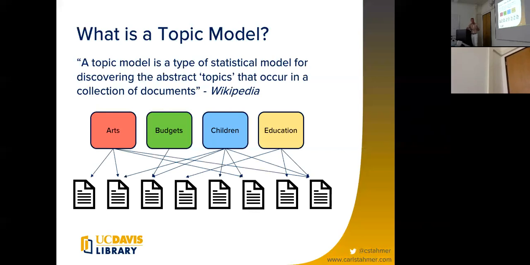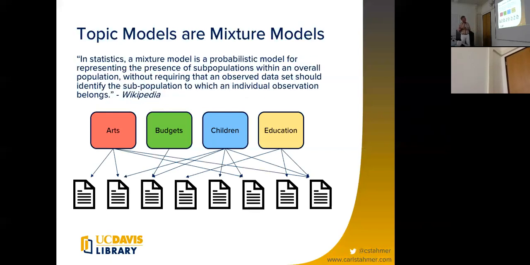The other crucial thing about this universe is that it is a mixture model. So what is a mixture model? In statistics, a mixture model is a probabilistic model for representing the presence of subpopulations within an overall population, without requiring that an observed data set identify the subpopulations to which the individual observations belong. Very long wording, but it's very accurate.